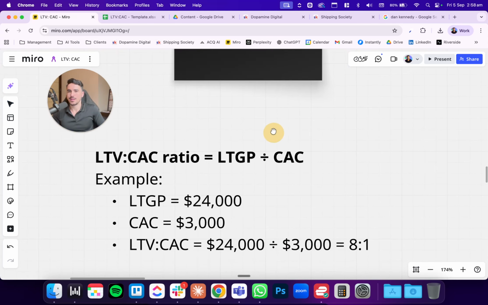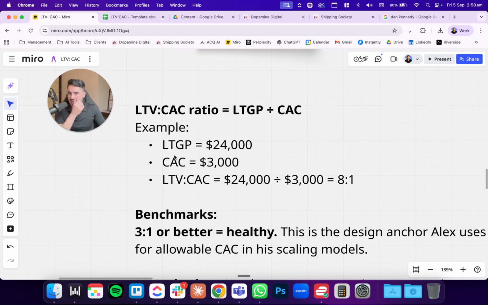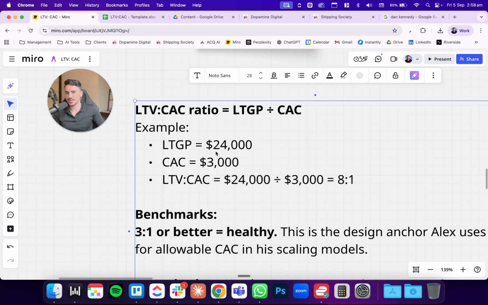As an example, let's say we have a $24,000 lifetime gross profit on our widget thing, and the cost of acquiring that one customer is $3,000. We simply take this number, divide it by this number, and we get 8.